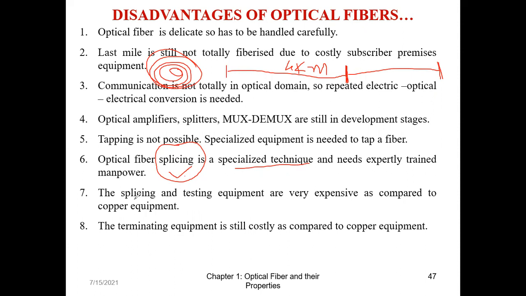And these splicing and testing equipments are very expensive as compared to copper. The splicer and the testing equipment, the OTDR, those two are costly devices. In copper equipment, I can just take a multimeter, a soldering gun and soldering wire and do all these things, but in the case of fiber it is not possible.